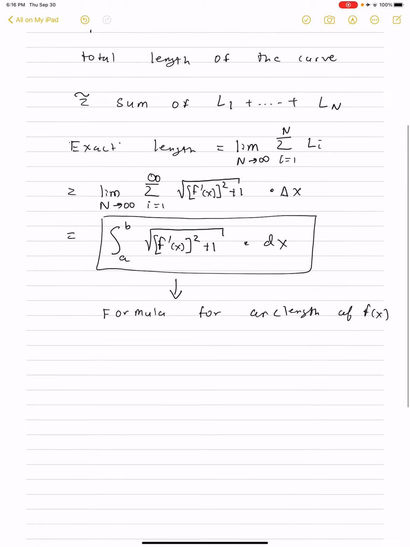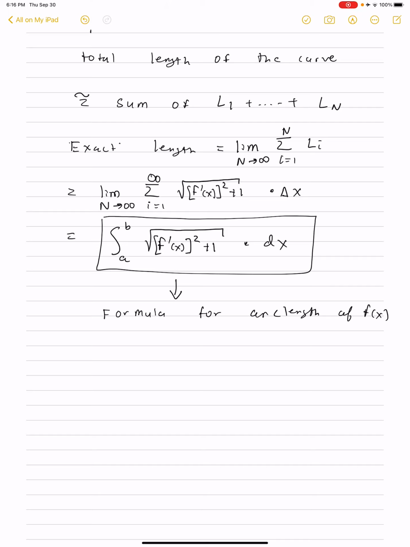Now let's finish our example. Our goal was to find the length of the curve f of x equals x to the 3/2 for x between 0 and 1.